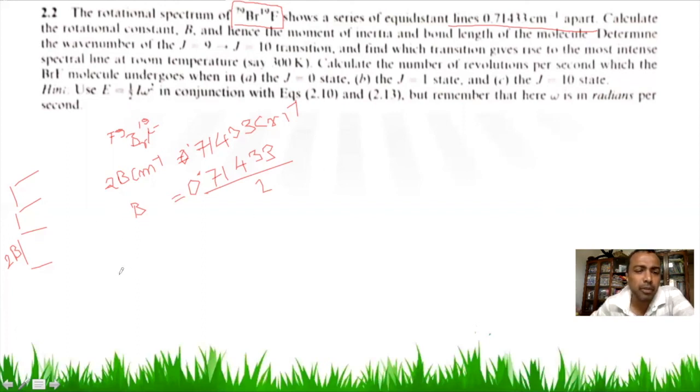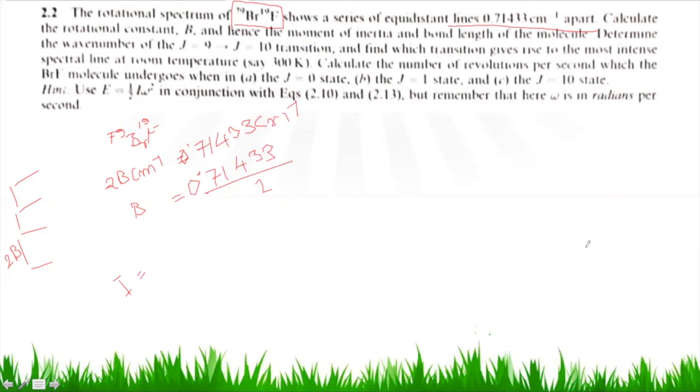If I figure out the value of B, then I can find the value of I. This is very simple, so I don't think you have any problem finding I. From B equal to h divided by 8 pi square I c, the value of I can be calculated, since B is known, h is known, c is known, and pi is known. So I can calculate the value of I.